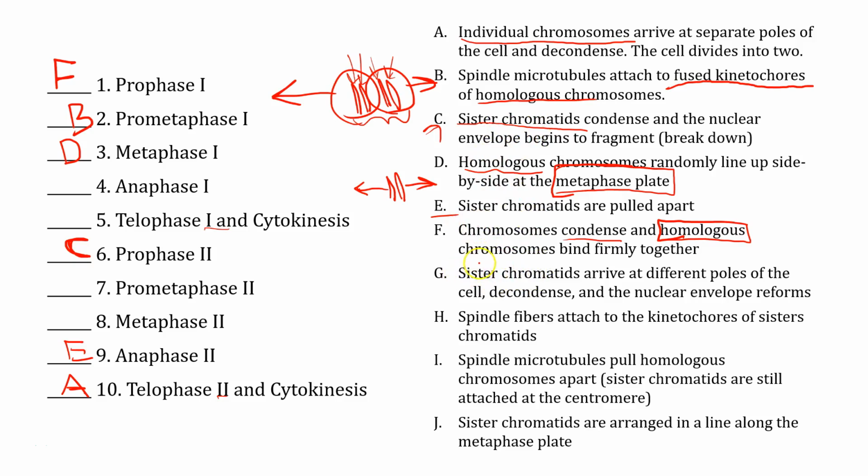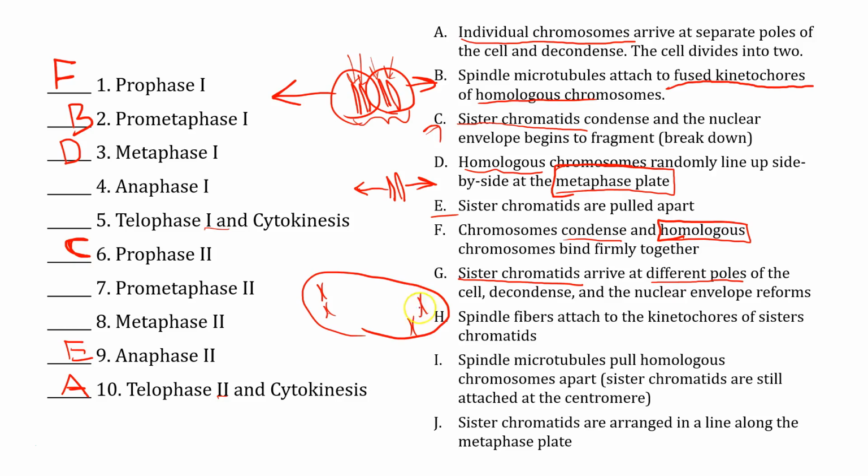Okay, down to G, sister chromatids arrive at different poles of the cell and the nuclear envelope reforms. This is telophase, and sister chromatids are the things that are arriving at different poles. Well, imagine a big cell, and there are some sister chromatids arriving here.